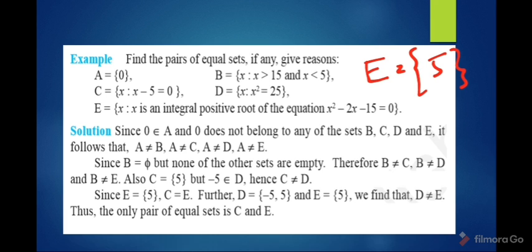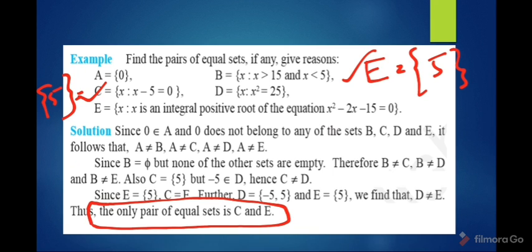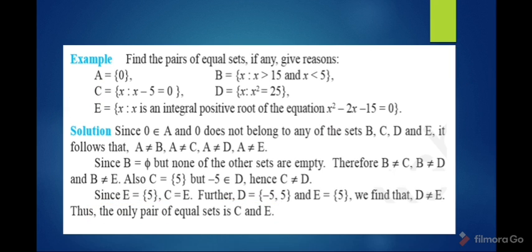As you can see, E is {5} and C is also {5}, meaning E and C both contain only one element and the element is 5. So C and E will be equal to each other. The only pair of equal sets is C and E. In this way you have to solve it.